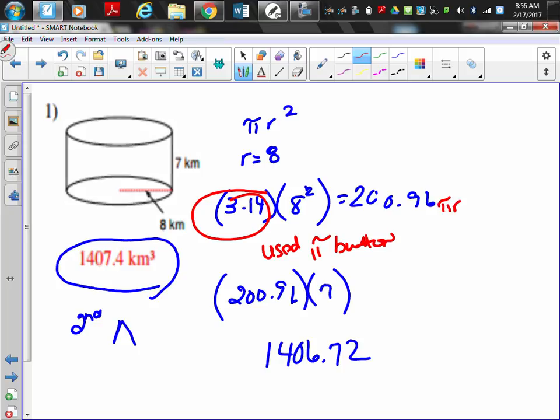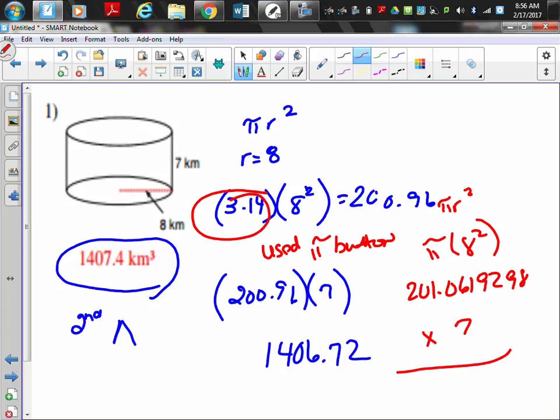So pi r squared, pi times 8 squared, and that would give you an answer, 201.0619298, and then you do that times 7, which gives you 1407.433509.